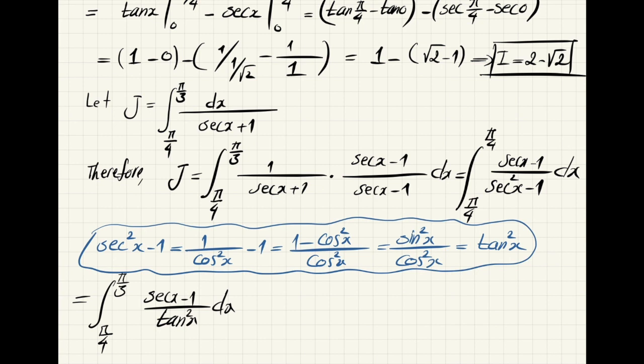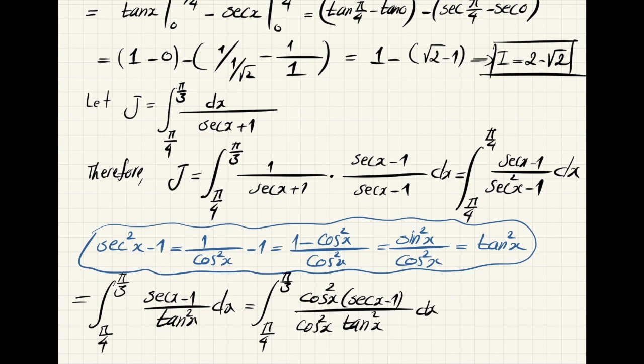To solve this, I would prefer to multiply the numerator and the denominator by cosine squared x. So this becomes integral from pi over 4 to pi over 3, and I multiply the numerator and the denominator by cosine squared x. Now, here I multiply cosine squared inside, but secant is 1 over cosine, so one of the cosines coming from here and 1 over cosine coming from here will cancel each other.